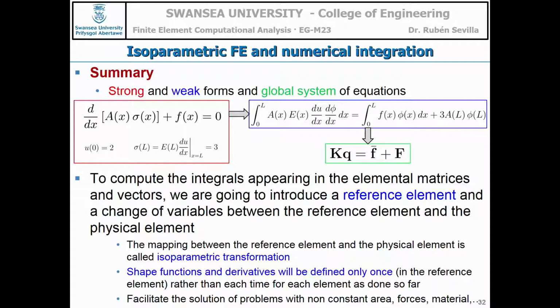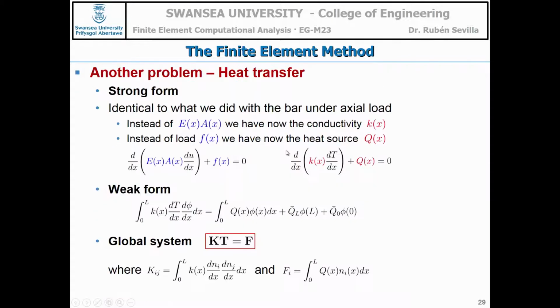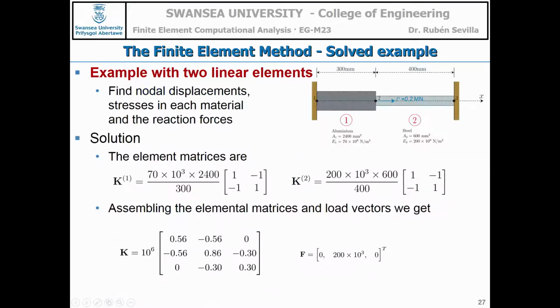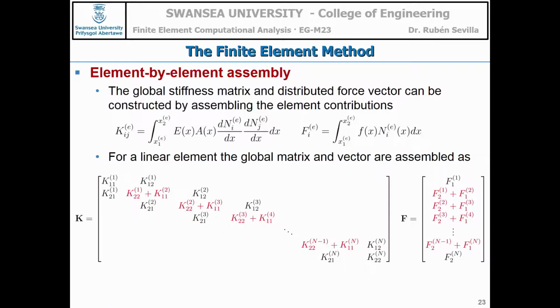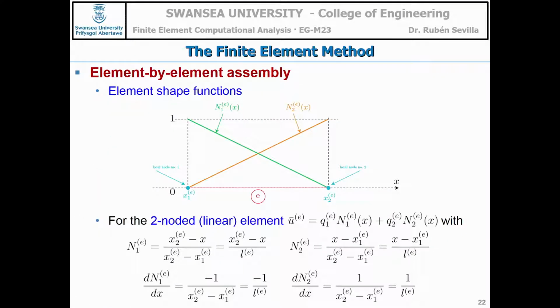And to program it, something that we've done in the previous lecture, to have formulas for the shape functions that are dependent on the coordinates is not very clever. It's better to have the formulas defined for what is called an ideal or reference element. Okay? So the objective is twofold, but mainly we are thinking on computers.